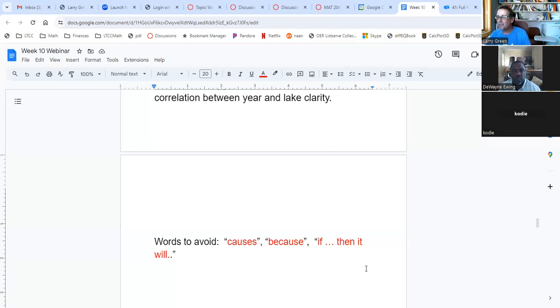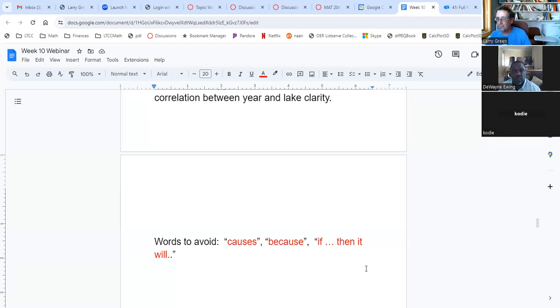Another one is, let's look at age versus number of gray hairs. Do you think there's a correlation between how old somebody is and how much gray hair they have? Or let's go the other way. Gray hair versus age. Do you think there's a correlation between the amount of gray hair a person has and how old they are?